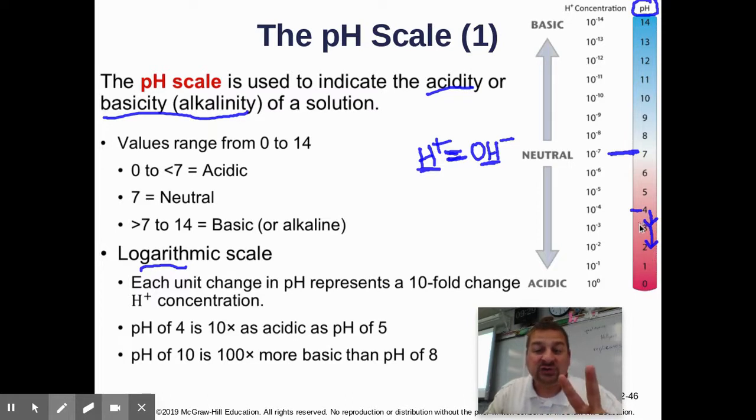If you go 2 steps on the pH scale, now it's 100 times more acidic, and then 1,000 times more acidic. So understand that every pH number, 0 to 14, you're going 10 times more acidic or 10 times more basic. It's not 10 times more, 20 times more, that sort of thing. It's a logarithmic scale based on 10 to a negative power.